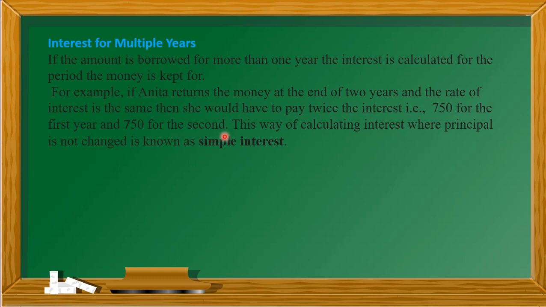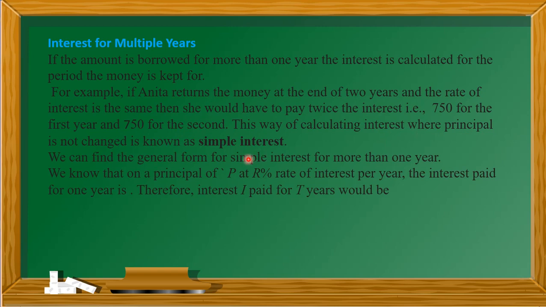Now this way of calculating interest, where the principal is not changed, remember, where the principal is not changed, this interest is known as simple interest. So we can find the general form for simple interest for more than 1 year.